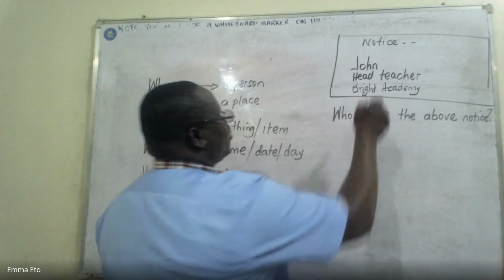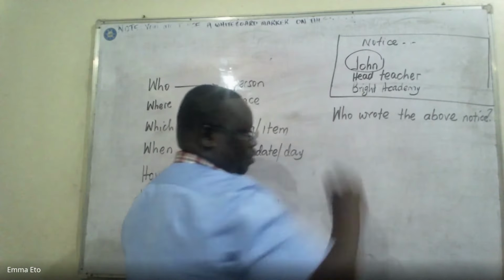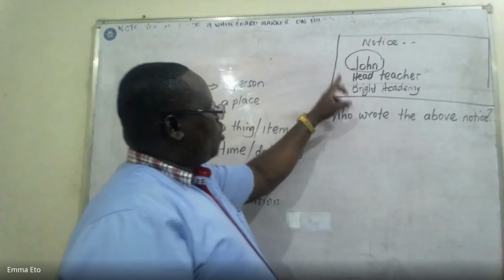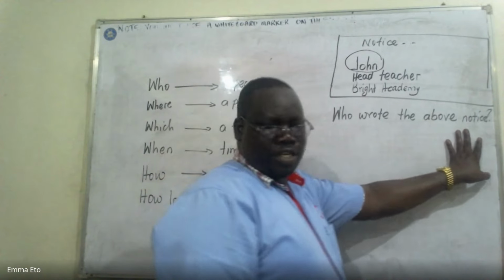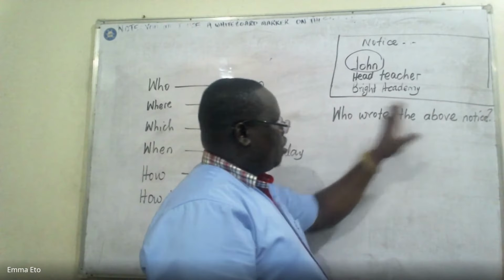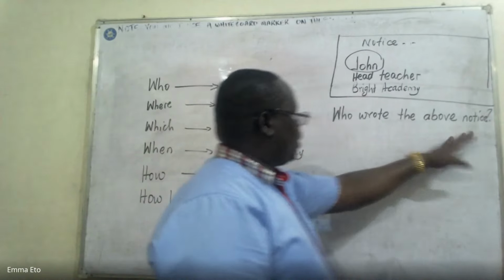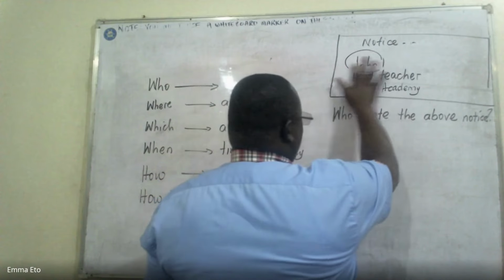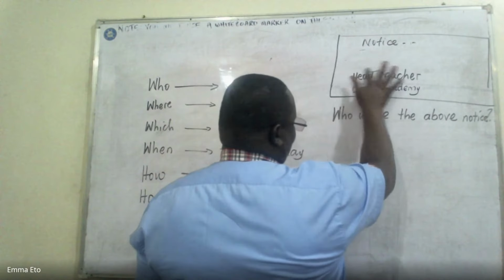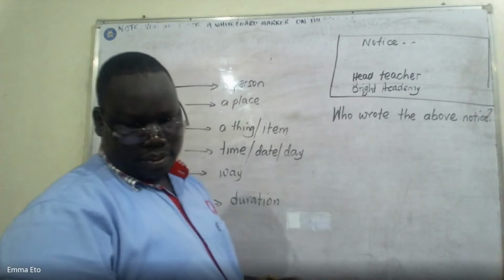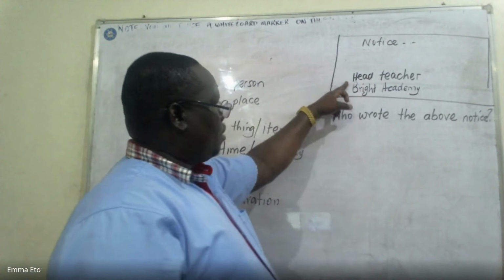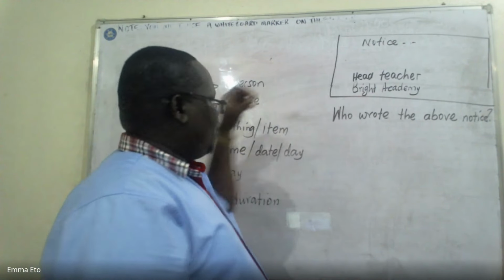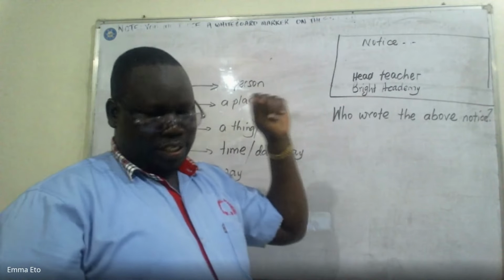You are only going to pick the name. And then you say, John wrote the above notice. If the name is not there, and you have the title and the place, then they say, who wrote the notice?